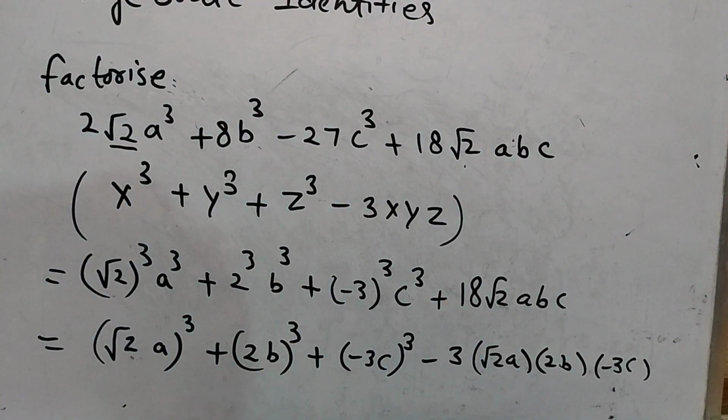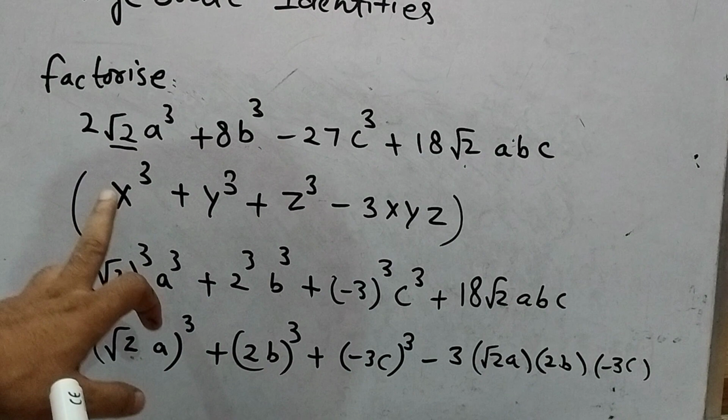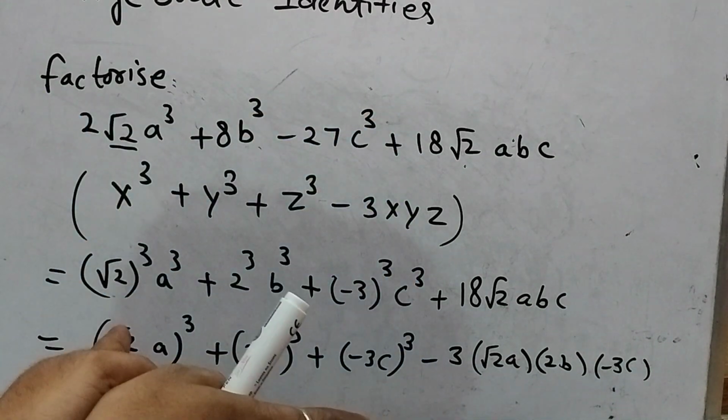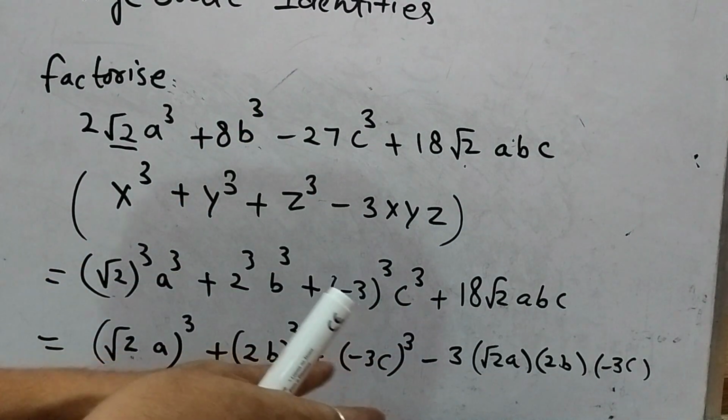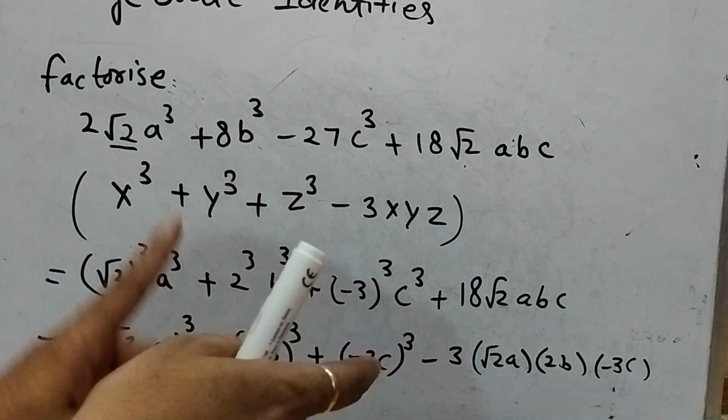And what is the identity? The identity is x plus y plus z in the first bracket, and in the second bracket x square plus y square plus z square minus xy minus yz minus zx.